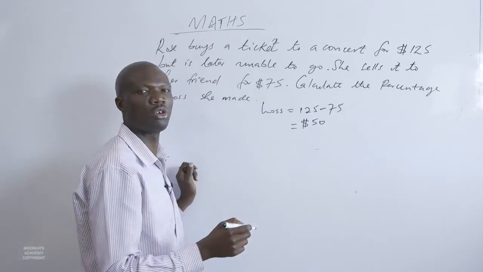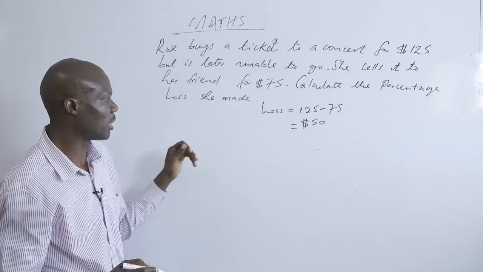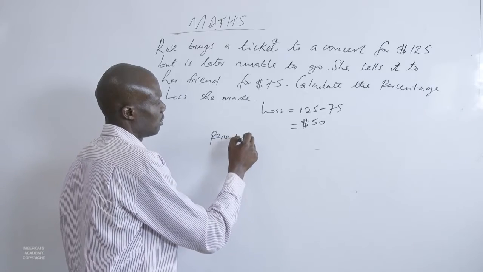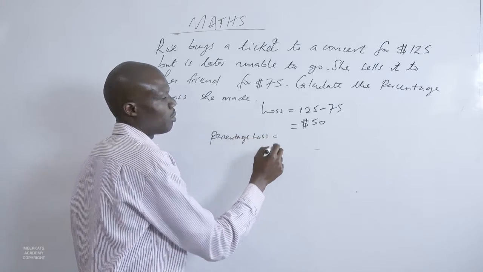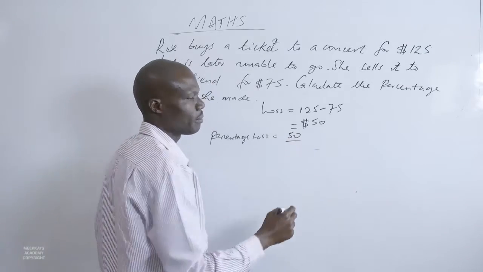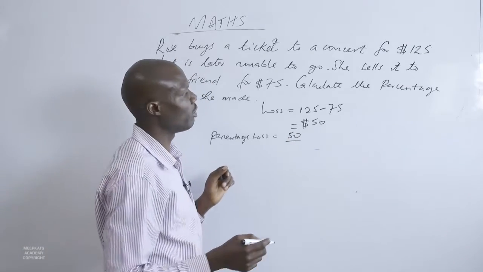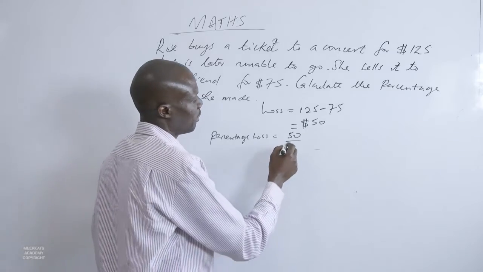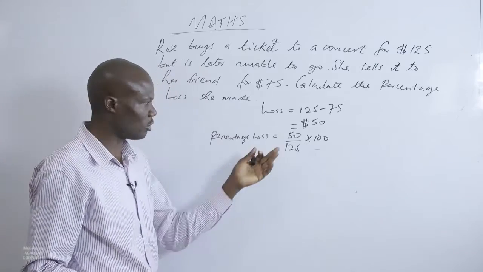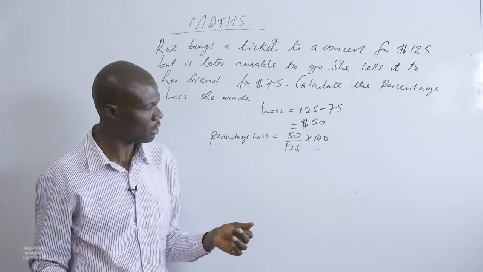So there was a loss of $50. Then the next thing is the percentage loss. Percentage loss is equal to the loss, which is 50, over the original or the cost, which is 125, multiplied by 100. This one represents our percentage loss.